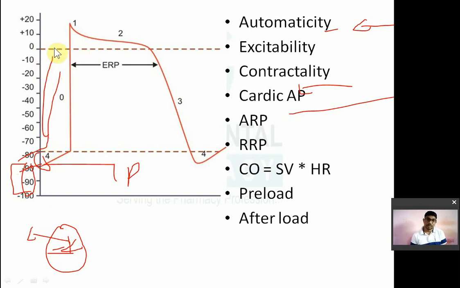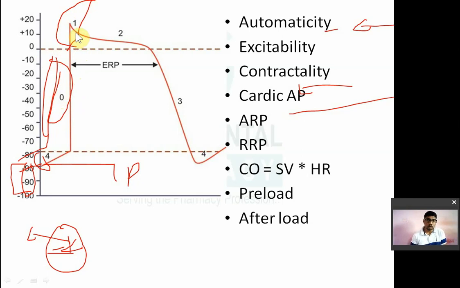At this time, the sudden entry of sodium is known as phase 0 of the cardiac action potential, phase 0, okay. Along with this sodium, some calcium will go inside the cell, and once the potential is converted into positive potential, immediately at this point sodium ion channels will be closed and potassium ion channels will be opened.